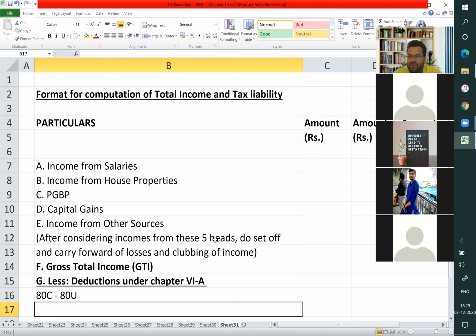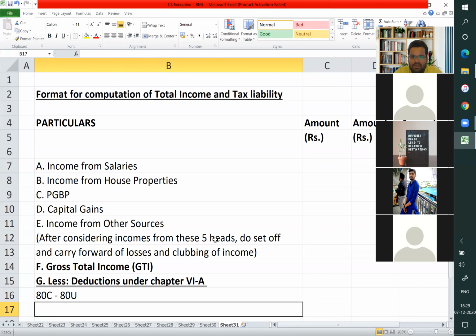Got the logic? The logic is I earned 15 lakh rupees. 14 lakh was my PGBP, 2 lakh rupees was my loss from house property, 3 lakh rupees was my income from other sources. 15 lakh rupees I earned.